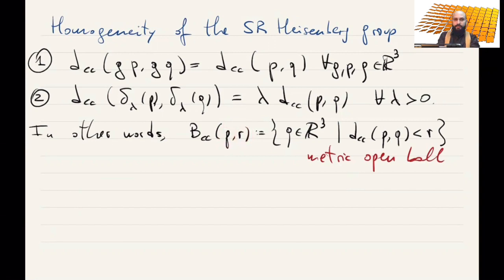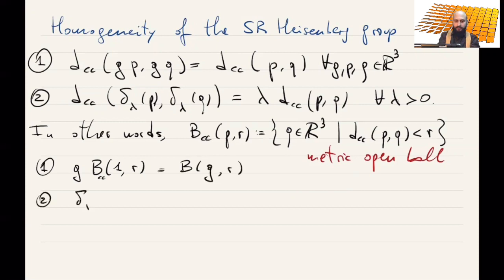Okay, so the presence of dilations and translation tells us a few things. So first of all, if I translate the ball at the origin of radius R, then I exactly obtain the ball centered at the point G with radius R. Second, if I dilate the ball centered at the origin, radius 1, I exactly obtain the ball of radius lambda at the origin.